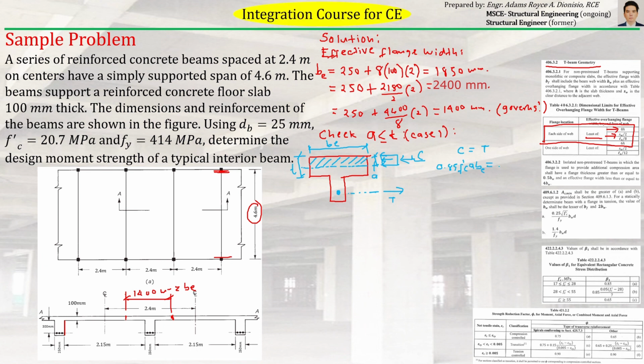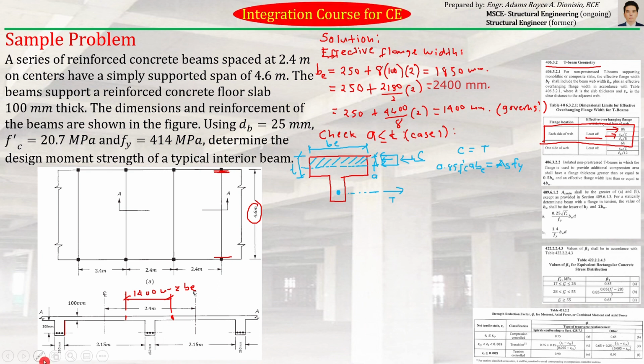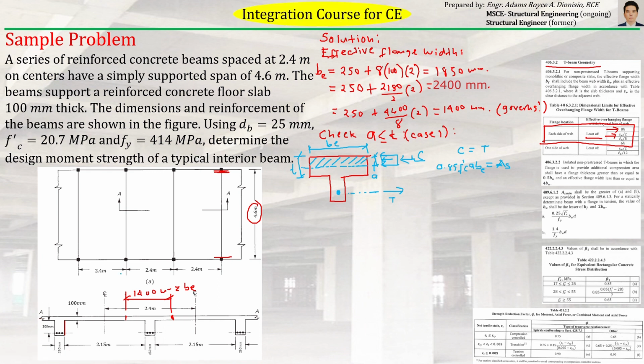So, that must be balanced by tension force, which will be coming from the tensile reinforcement AS multiplied by Fy, assuming that tensile steel yielded. Okay? So, take note, ang tamang equation dyan is supposedly ASFS.